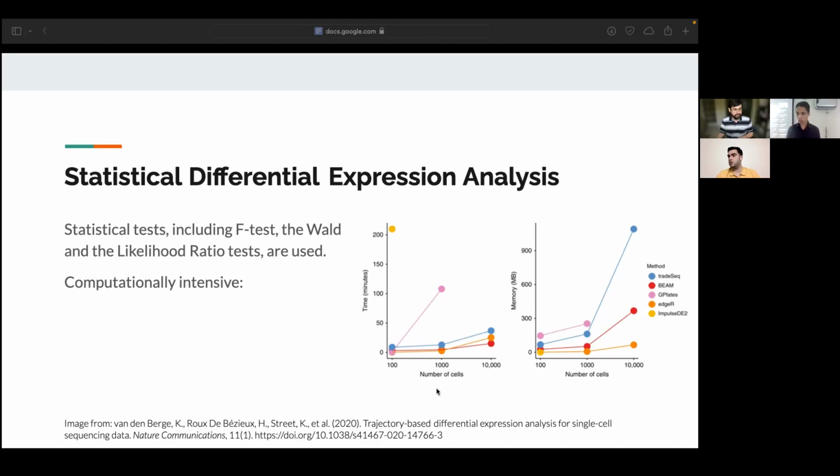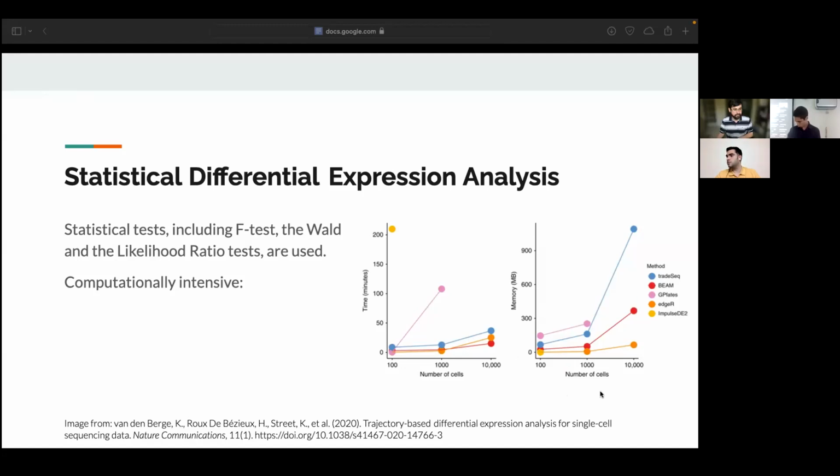As a study in 2020 demonstrated, by increasing the number of cells in single-cell RNA sequencing datasets, the time is increasing. For example, in a dataset with 10,000 cells, which is a common number in bioinformatic datasets, it may take up to 50 minutes to perform the test.